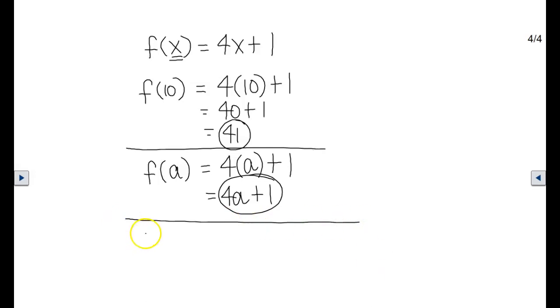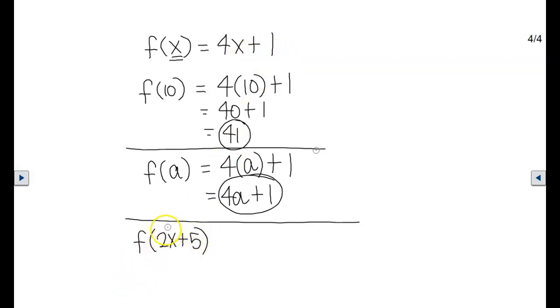Let's do one more. Watch this. They could even on a problem like this say to me, find f of 2x plus 5. So notice what I had up here. I had f of x is equal to 4 times x plus 1. If they say f of 2x plus 5, then this is what they want my input to be.